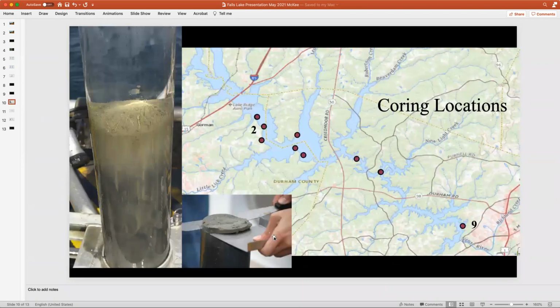So to achieve this objective, we took cores down the length of Falls Lake from the upper part down to near the dam and we collected these cores and dissected them and analyzed each centimeter. For brevity, I'm only going to show you number 2 and number 9 representing the upper and lower part of the lake.